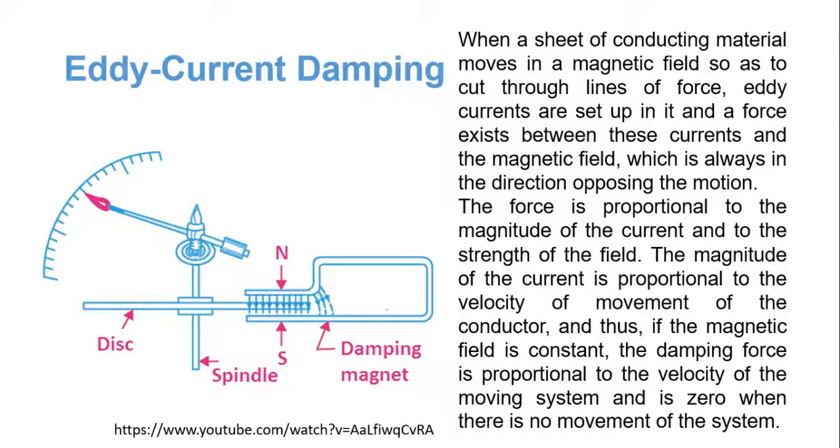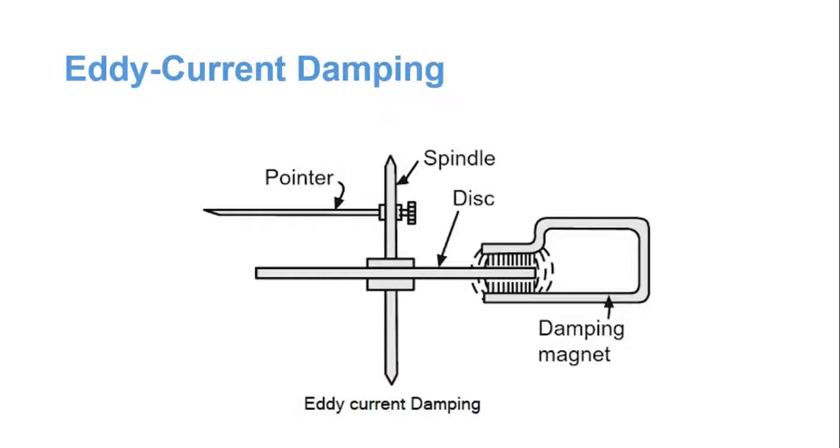For example, if there is a rotating disk in a meter, when it comes under the damping magnet, the force will be opposite to the rotating force of the disk, the vibrations and oscillations are damped out, and the pointer will provide the steady state value. So this is eddy current damping.